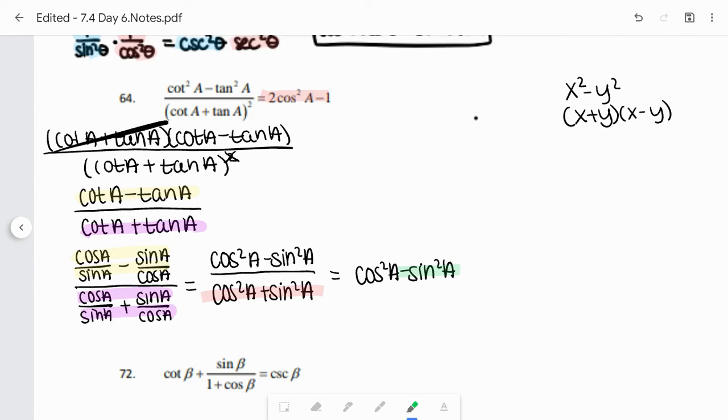Okay, well, sine squared is the same thing as 1 minus cosine squared.